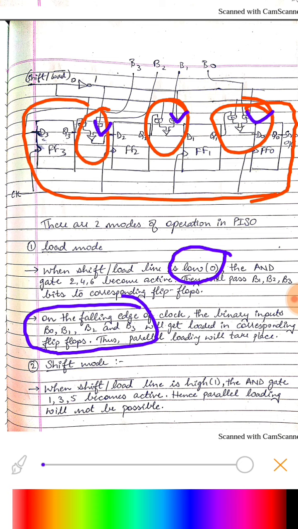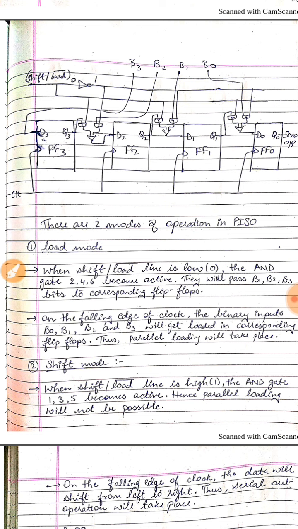On the falling edge of the clock, the binary inputs B0, B1, B2, B3 will be loaded in the corresponding flip-flops. Now for the shift mode, if we want to shift the data stored in the flip-flops, the shift/load line, that is the select line, will become high. Then the AND gates 1, 2 and 3 will become active and the data will be shifted.